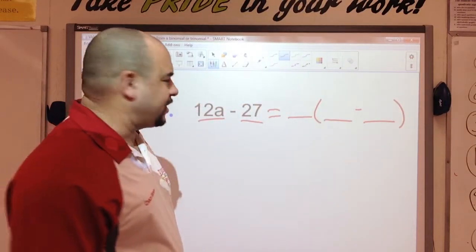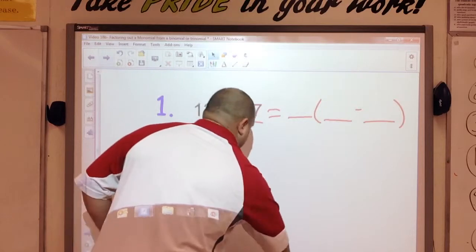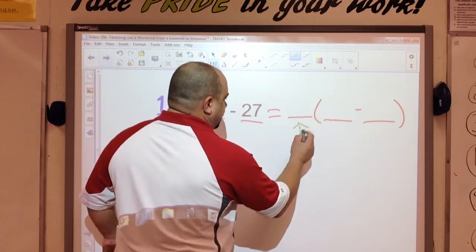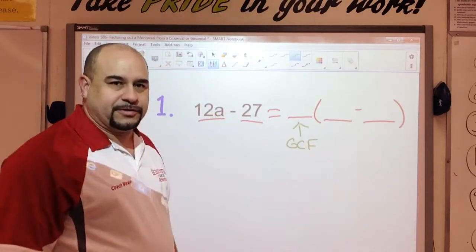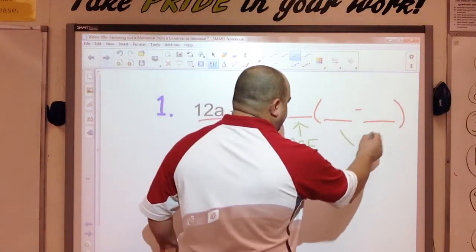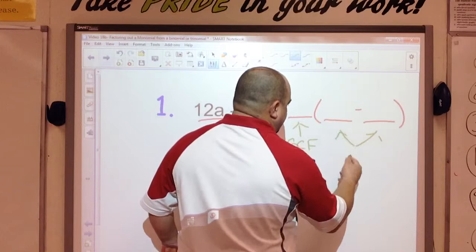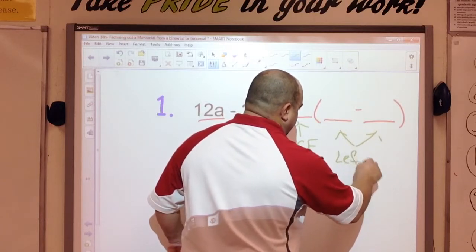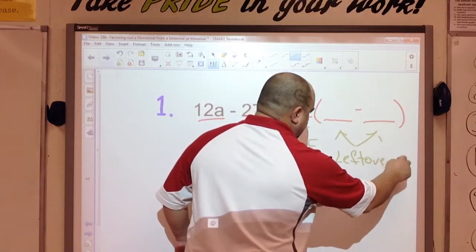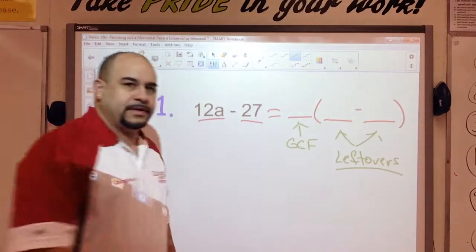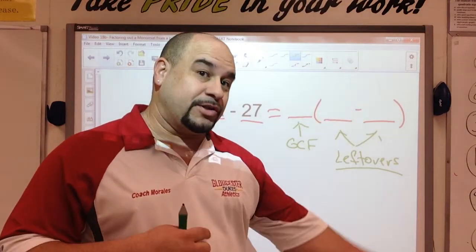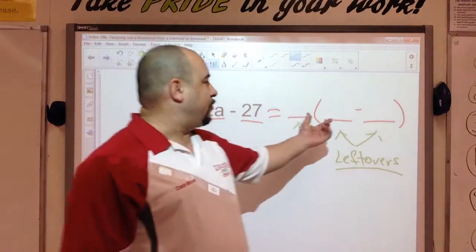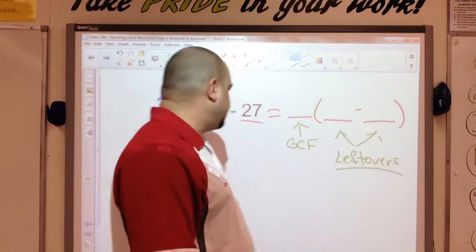So go ahead and take a second to do that. Right here is where we're going to put my GCF, my greatest common factor. In here is going to go what I call my leftovers. Okay? So we're going to pull out the GCF, and whatever's left, whatever we don't use, is going to go right back into the parentheses.